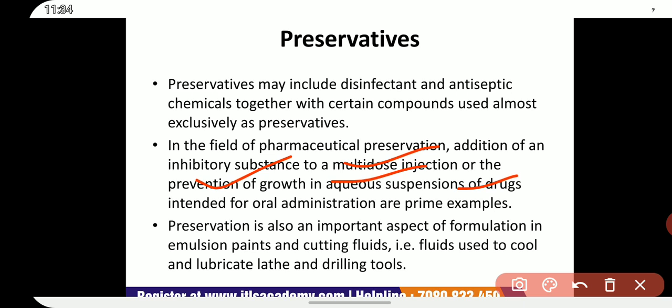Preservatives are widely employed in cosmetic preservation for lotions, creams, and shampoos. All of these products contain preservatives.